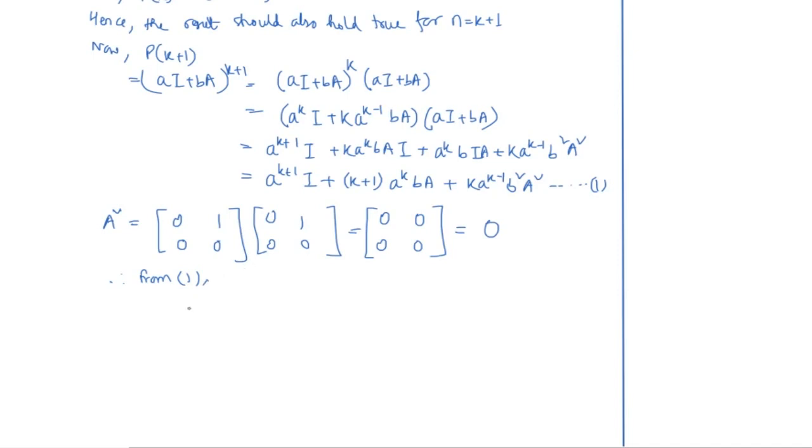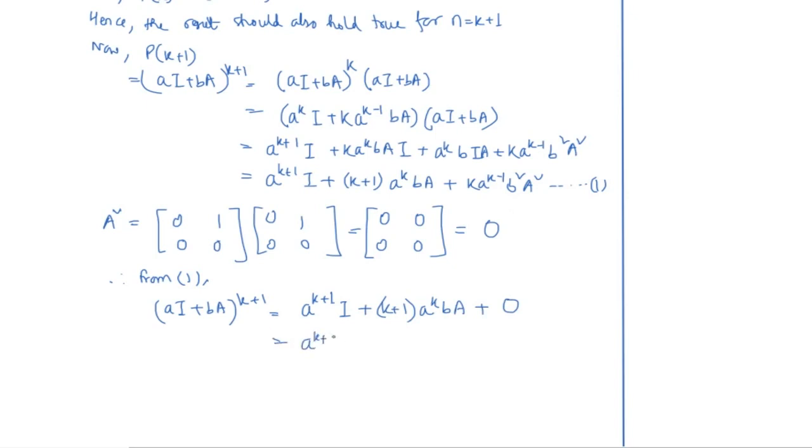So we can write that (aI + bA)^(k+1) is equal to a^(k+1) I + (k+1) a^k bA + 0, as everything multiplied by a 0 matrix is 0.